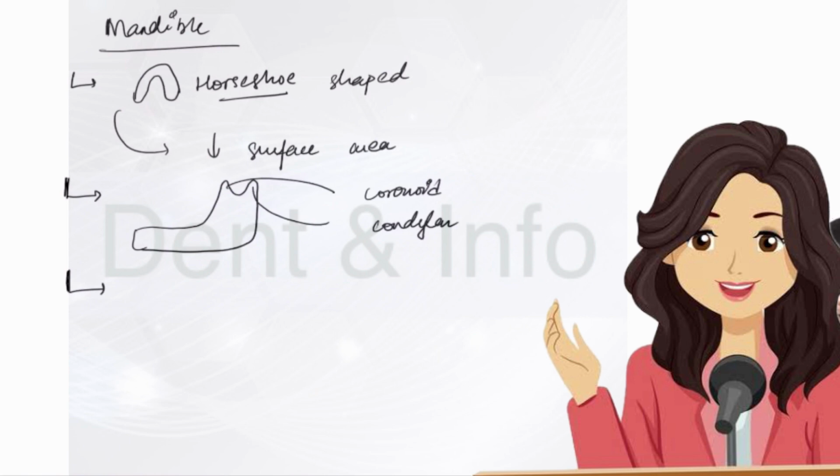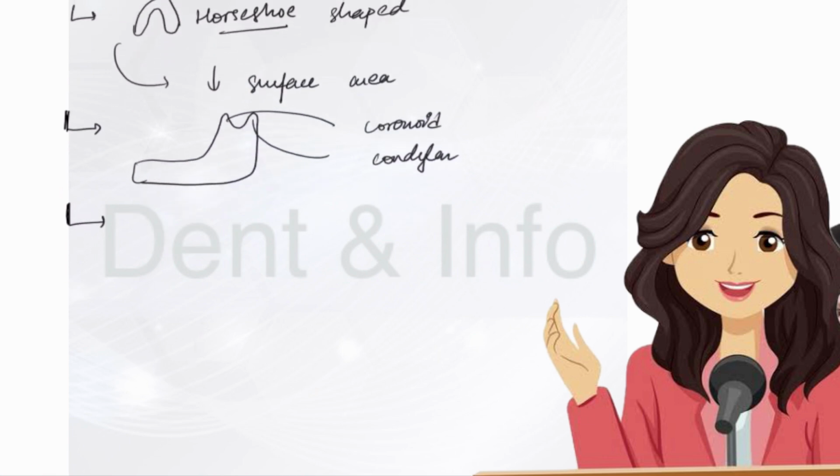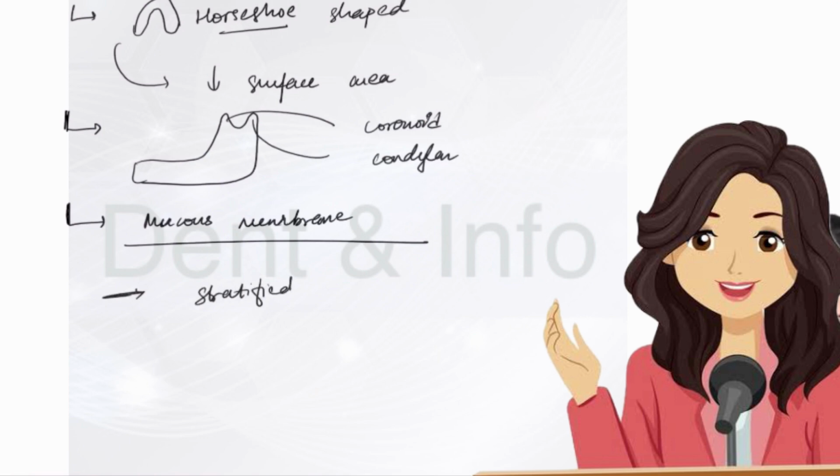Now, if we see what kind of mucous membrane is usually present around the supporting structures, it will be a stratified squamous epithelium, which is keratinized in nature.